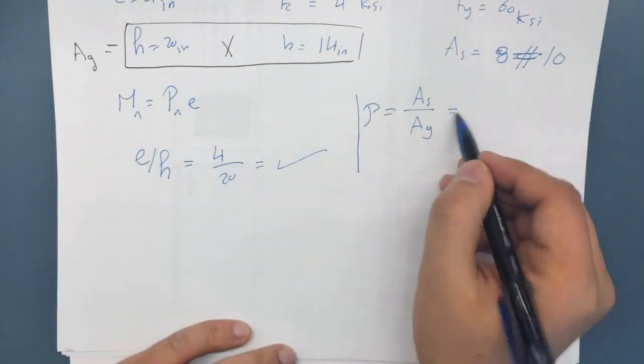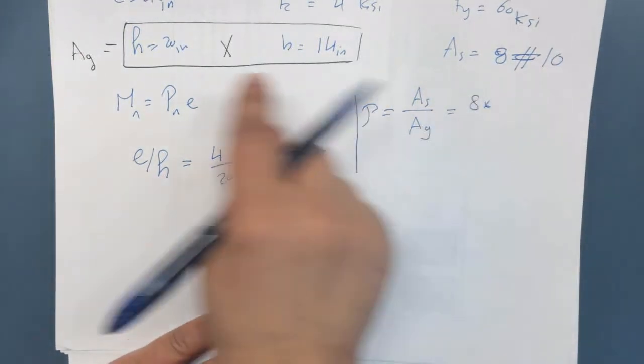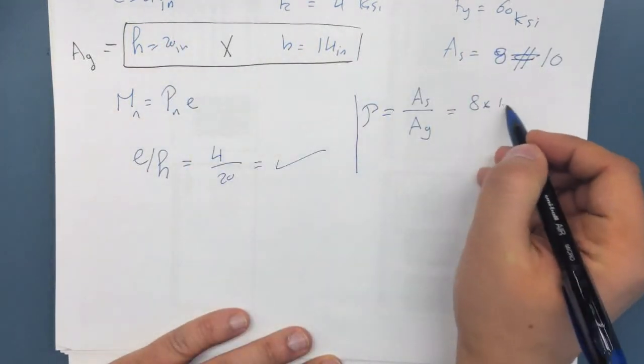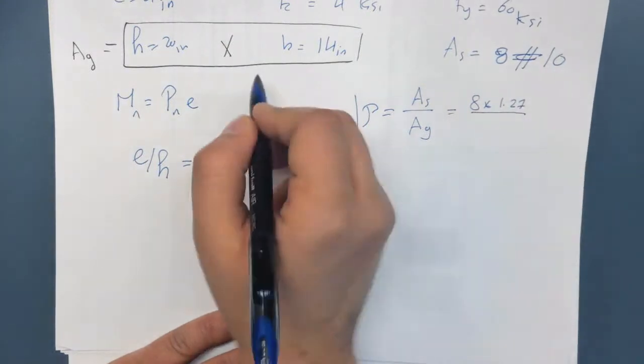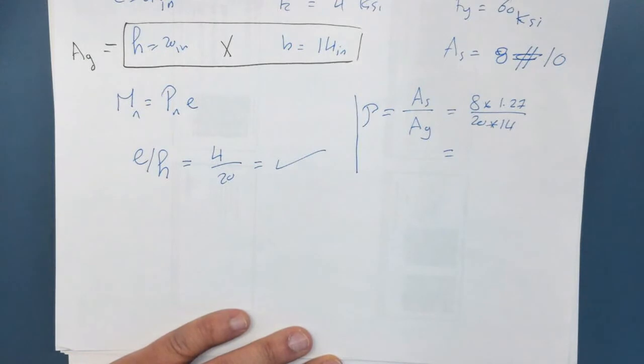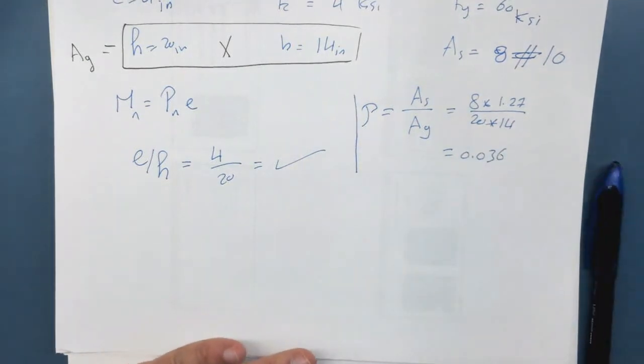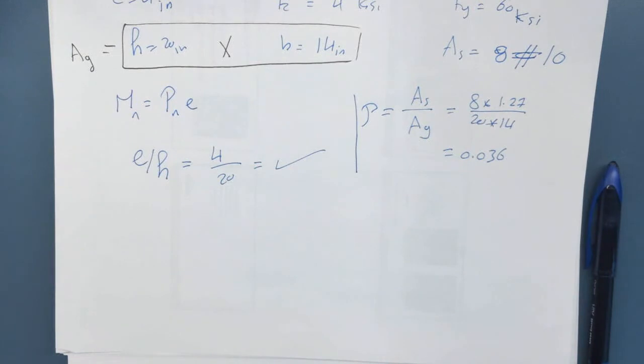So if you do this, AS is equal to 8 number 10, which has an area of 1.27 each, divided by 20 by 14. You will find this to be 0.036. And this is when you will have to do some interpolation. So we have here, this is 0.03, this is 0.04. So 0.036 is going to be somewhere between both of those. So now you have a point, and this point represents your section.